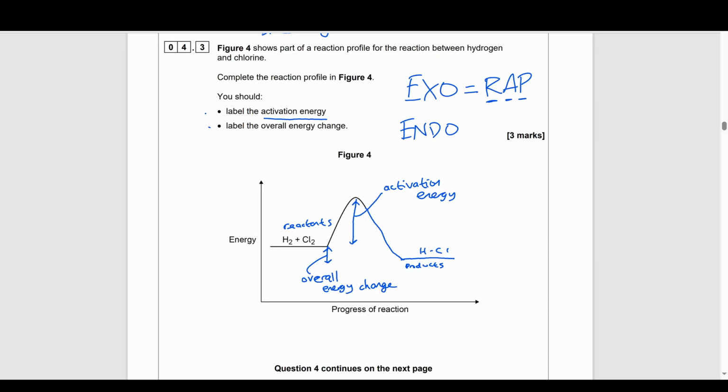If it was an endothermic reaction, then it would be the opposite of RAP, which is PAR, products above reactants. So there's a nice little way for you to remember how you should be doing energy profiles for those 2 types of reactions.